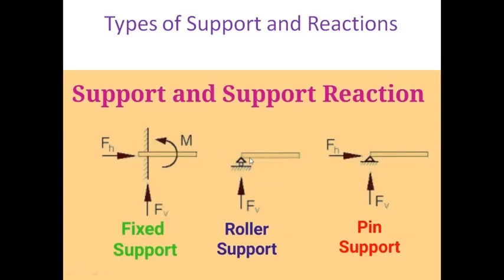Correct? Means left hand side and right hand side translation is allowed or movement is allowed, पण तो वर खाली करू शकत नाही. करेक्ट आहे? Therefore we have one vertical reaction, hence roller support has one reaction.